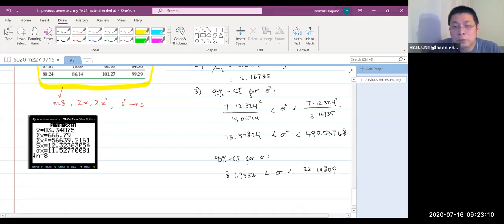Now let me see for suggested homework. Your suggested homework from this section, 9.3, will be number 9 to number 15, the odd ones.